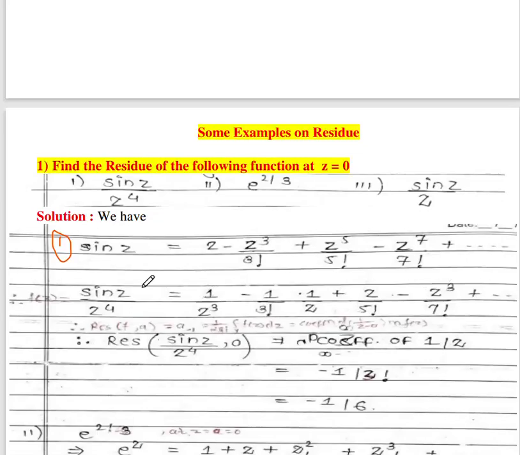Now dividing on both sides by z to the power 4, we get sin z upon z to the power 4 equal to 1 upon z cube minus 1 upon 3 factorial times 1 upon z plus z upon 5 factorial minus z cube upon 7 factorial plus and so on.